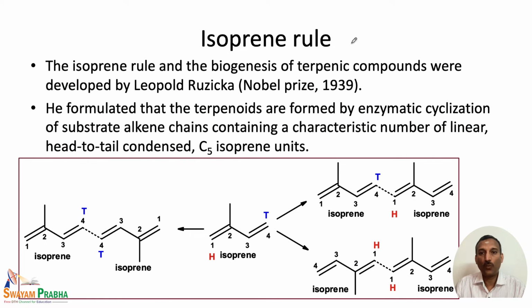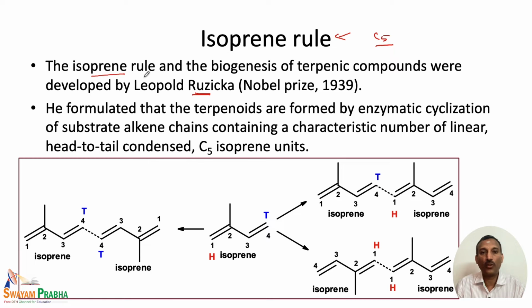And now we are moving on to the next important thing, that is called the isoprene rule. As we saw, all the terpenes contain a C5 unit. So the C5 unit is nothing but the isoprene unit. And Ruzicka, who received the Nobel Prize in 1939 for his work on terpenes, first proposed the isoprene rule.